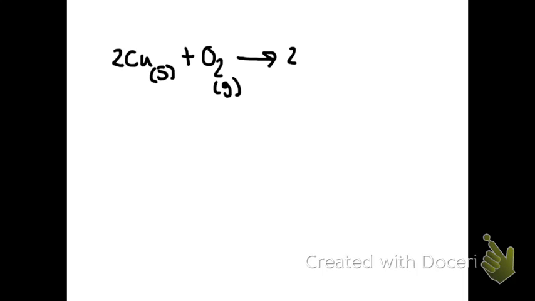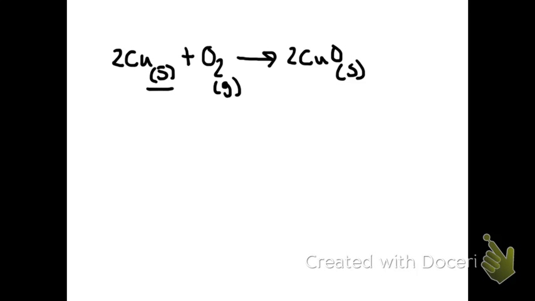What if we had 2 copper solids plus oxygen gas, and we're going to create 2 copper oxide solids? Okay? So now, to understand this problem, we have to look at the states of matter again.